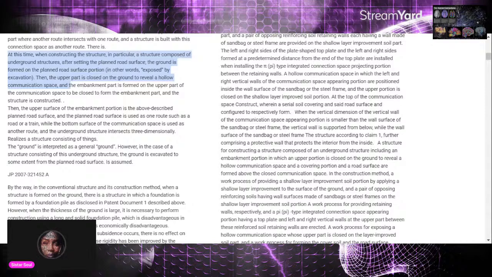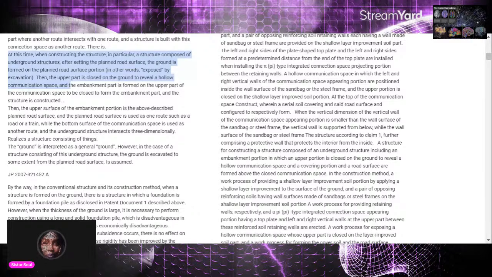When the upper part is closed on the ground to reveal a hollow communication space, and the embankment part is formed in the upper part of the communication space to be closed, and the structure is constructed. So constructing in that hollow space, right? The hollow space, the energy, the frequency, the electromagnetic frequency coding, right? The things that are built to what? It told you to manipulate the nervous system, right?